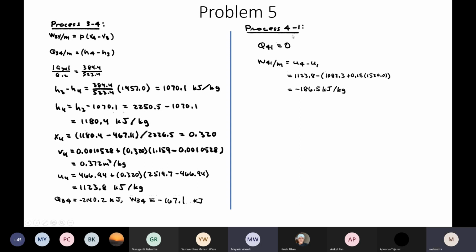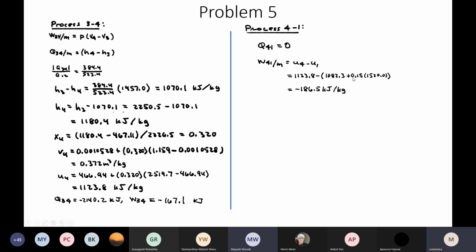Process 4-1 means pumping back to the boiler. That is adiabatic process, so heat transfer is 0 over here. Work involved is U4 minus U1. Now we know about V4, just now we have calculated over here. V1, internal energy at point 1, pressure we know that is 40 bar pressure.